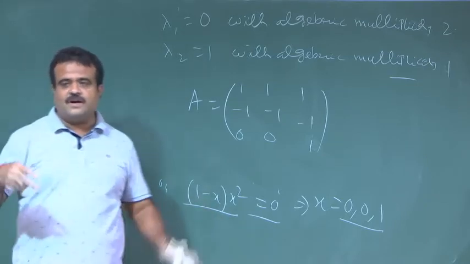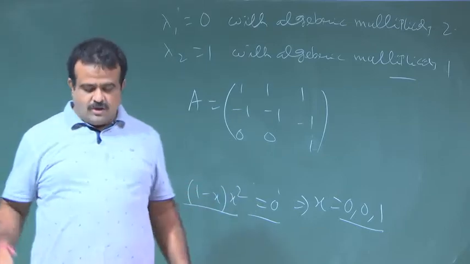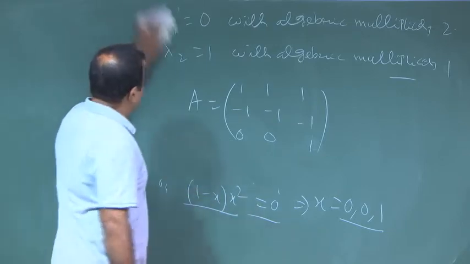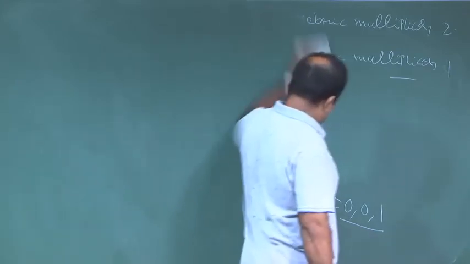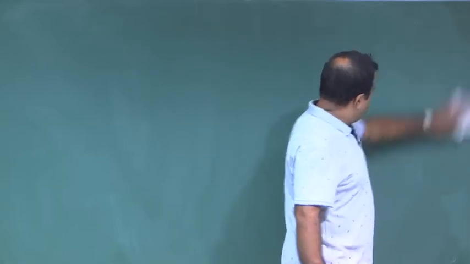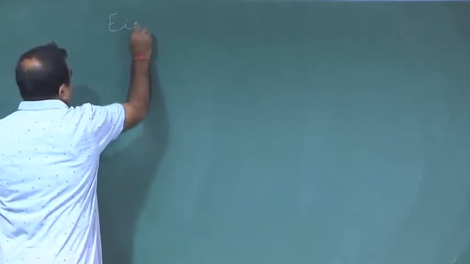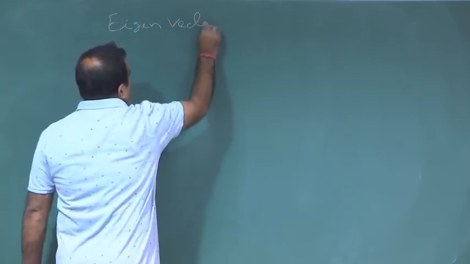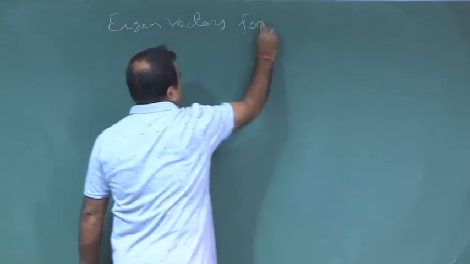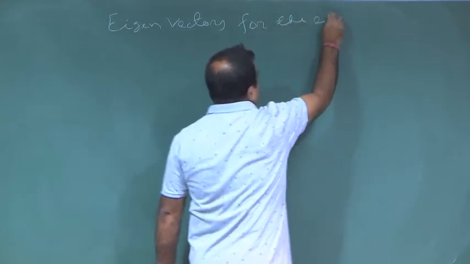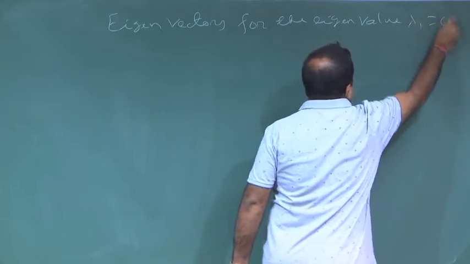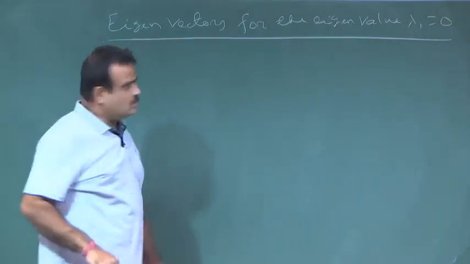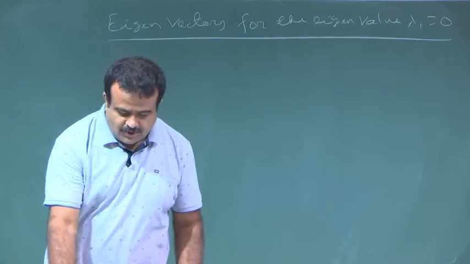For that we need to find the set of eigenvectors corresponding to each eigenvalue. So, let us try with the first one, eigenvalue lambda 1 equal to 0, and find the set of eigenvectors corresponding to the eigenvalue 0.